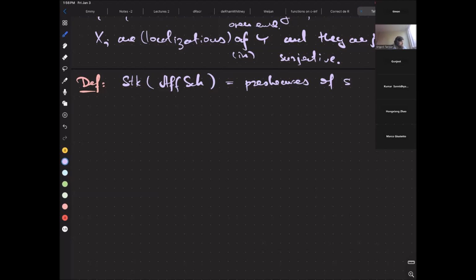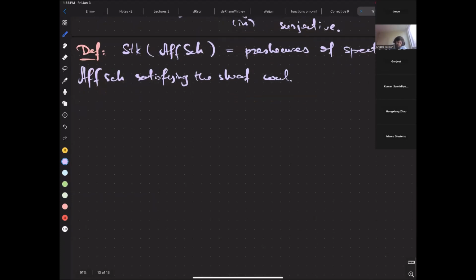I guess you can do presheaves of spectra on affine schemes satisfying the sheaf condition, or maybe more classically, you just do presheaves of connective spectra or anima that satisfy the sheaf condition.